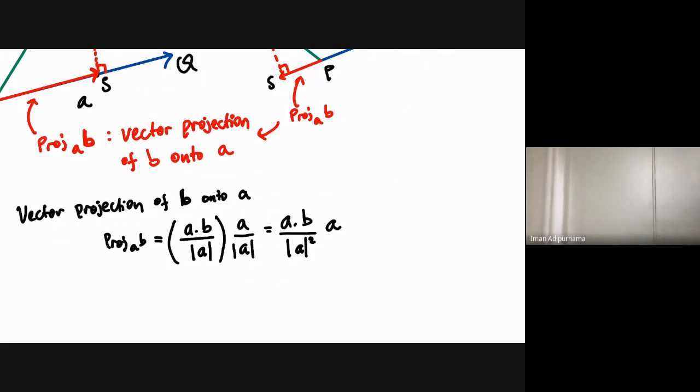This is the vector projection, which means you need to multiply with the unit vector.